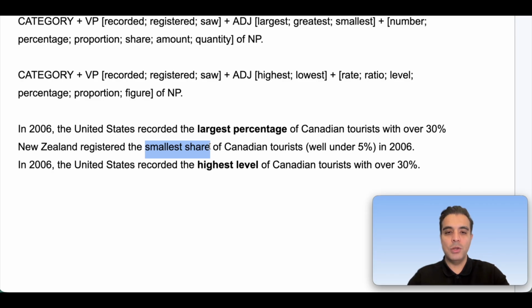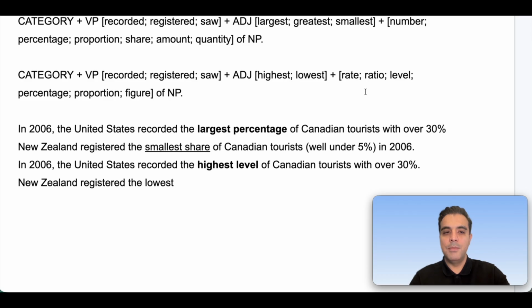So here we have smallest share. Let's see how we can recycle this structure and use a different adjective noun combination. I'll keep everything else the same. So New Zealand registered. Now this time, instead of saying the smallest share, I'm going to go with lowest.